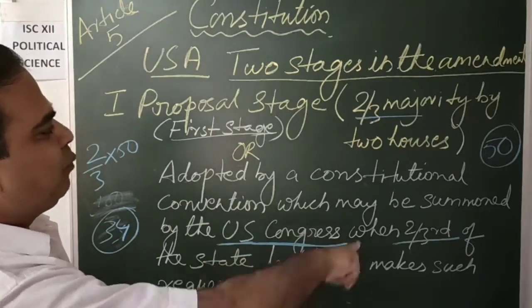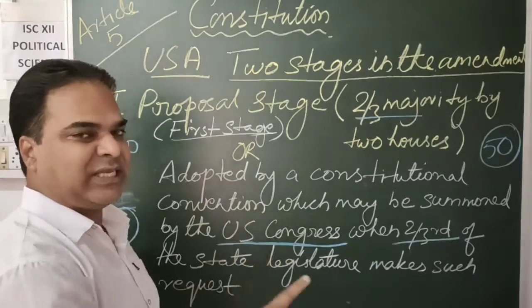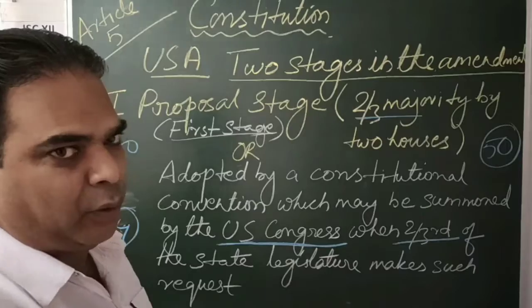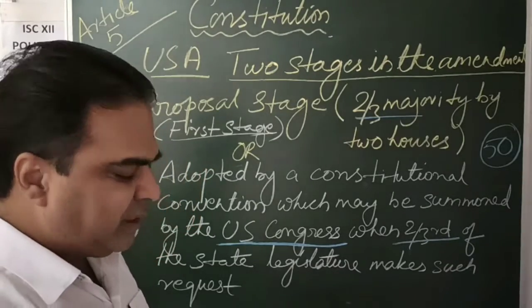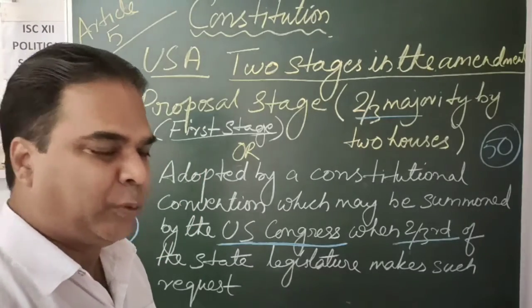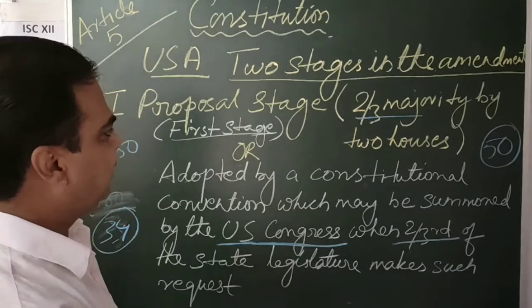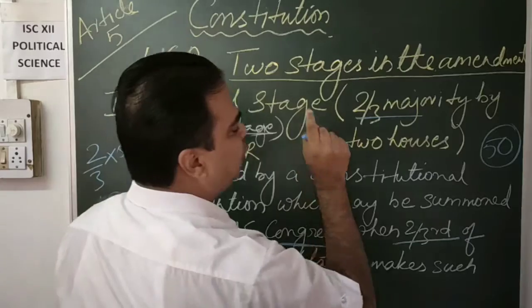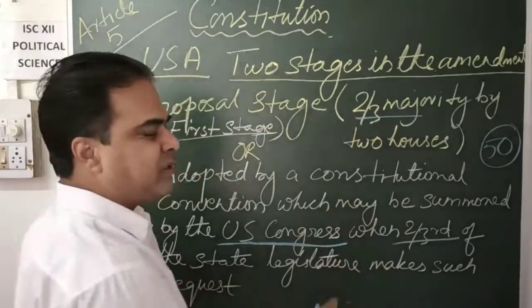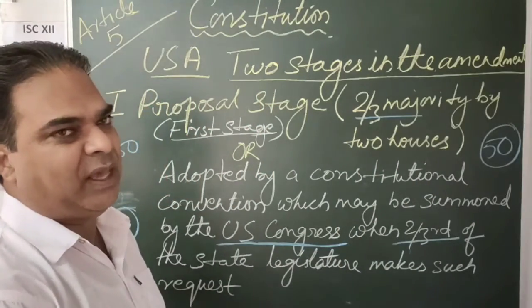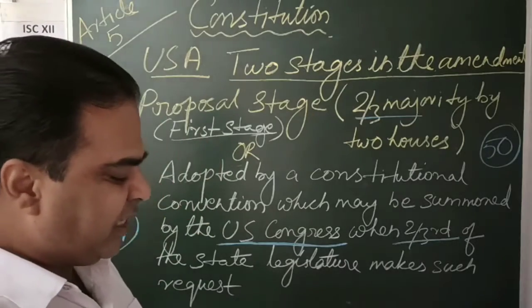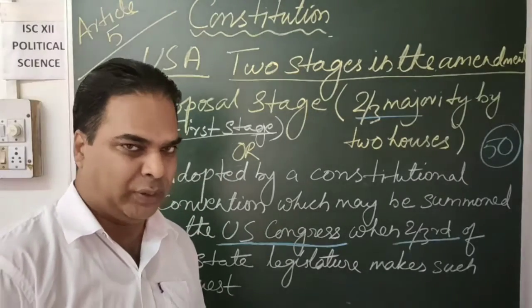This is the first proposal stage, the first stage of amendment. The amendment process has to go through two stages, and this is the first. I hope you understood it. Once again, let me repeat it. If two-third majority of the two houses adopt the resolution to bring changes, then they can easily do it.